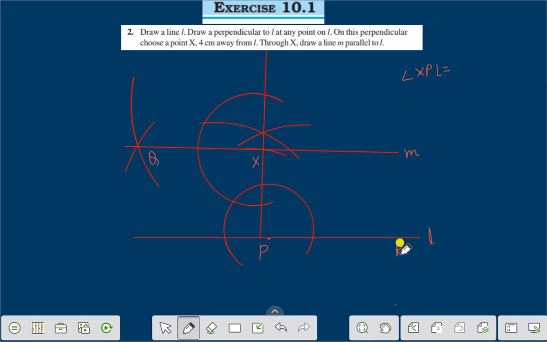Suppose this is R, right? Therefore we can say that angle XPR is equal to angle PXQ.